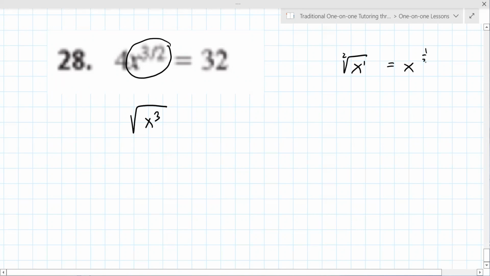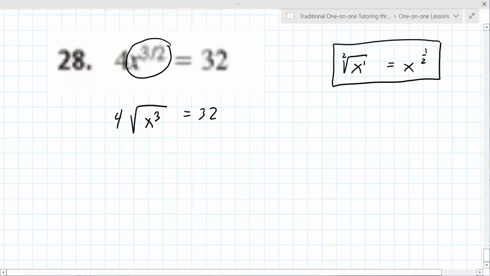That's x to the 1/2 power. That's how I remember it. And I've been saying this over and over again: you isolate the root. Well, you isolate the power, the variable to the power. That's the same thing as root. So you need to divide by 4. So it's the square root of x cubed equals 8.